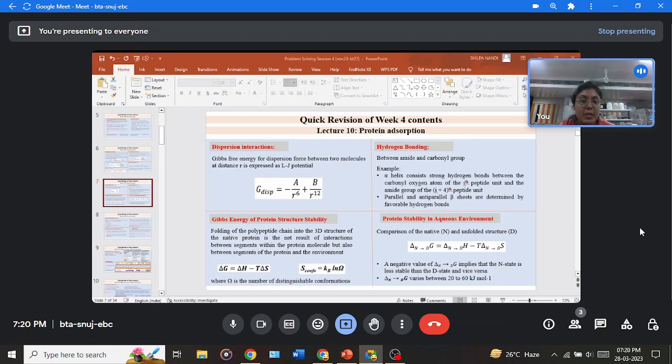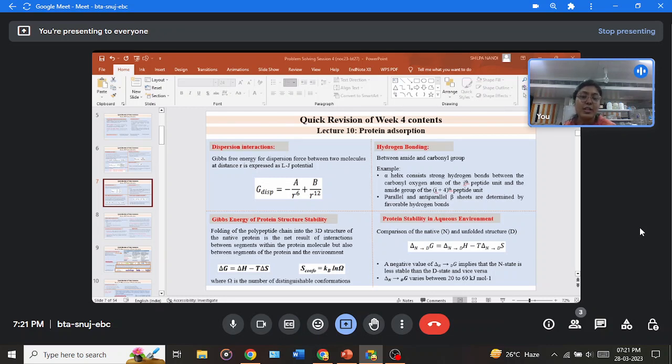Talking about protein stability in aqueous environment, this is basically determined by comparing the native and the unfolded structure D. The native structure is represented by N and the unfolded structure is represented by D. This particular equation, delta N to D G, gives the free energy for changing from a native structure to an unfolded structure, and is given by delta H minus T delta S. A negative value of this Gibbs free energy implies that the N state is less stable than the D state, and a positive value determines that the N state is more stable than the D state.